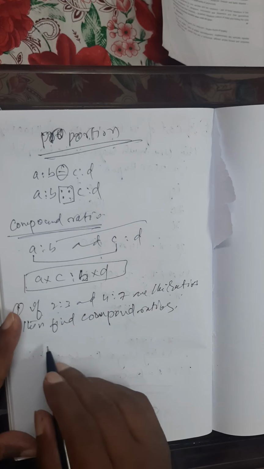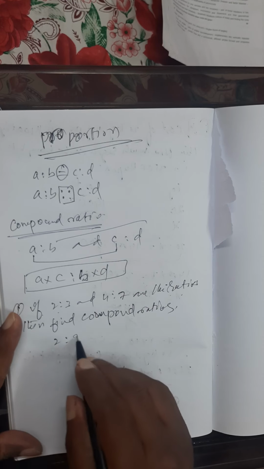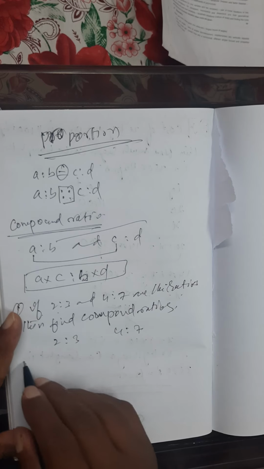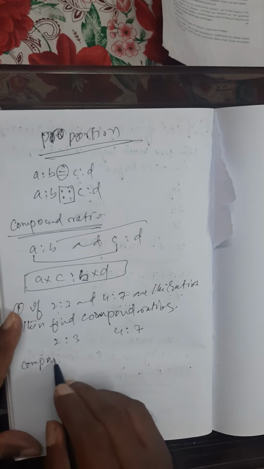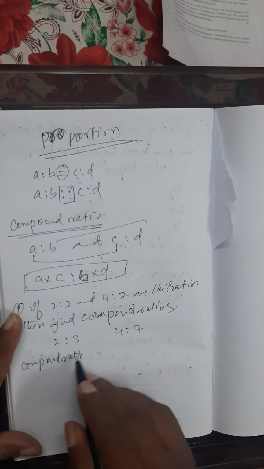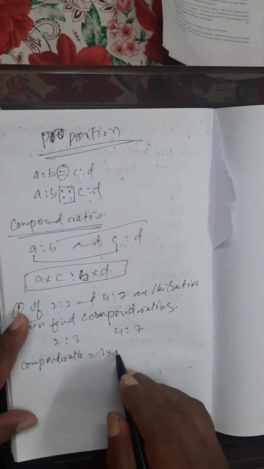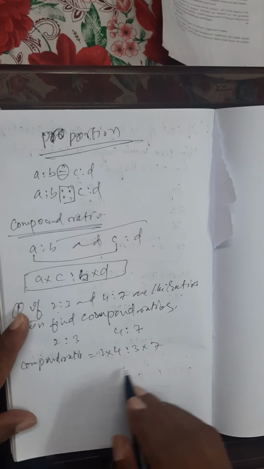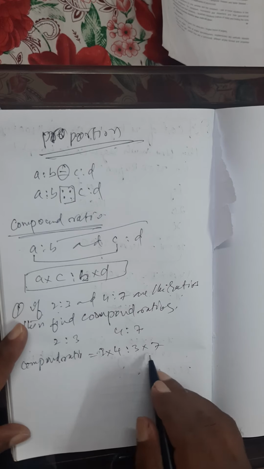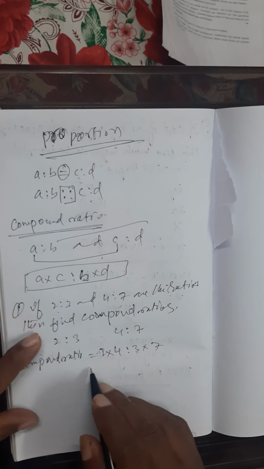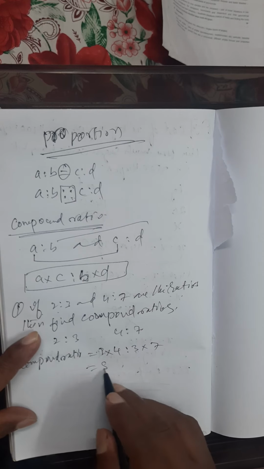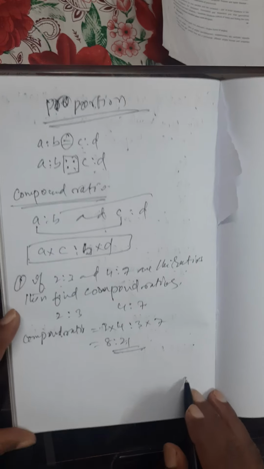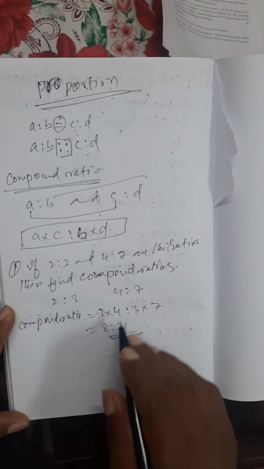First we will finish ratio, then we will go to proportions. One ratio is 2 is to 3, another ratio is 4 is to 7. So the compound ratio of these two is 2 into 4 is to 3 into 7, antecedent to antecedent, consequent to consequent. So this is 8 is to 21. This is the smallest form, so this is your answer.